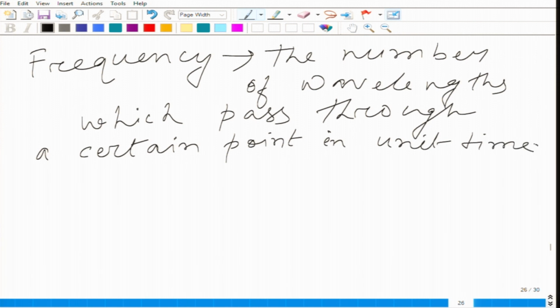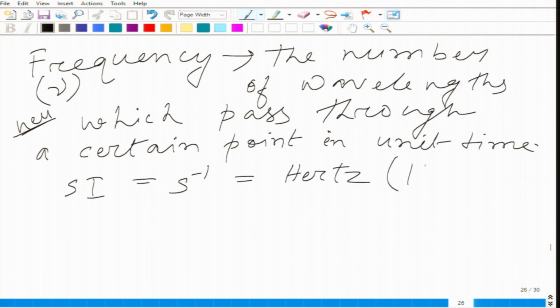Okay, so frequency is the number of wavelengths which pass through a certain point in unit time. Frequency is denoted by nu. This is the nu. So the SI unit of frequency is second inverse, which is also written as Hertz, or short form Hz. And it is mentioned in Hertz only.